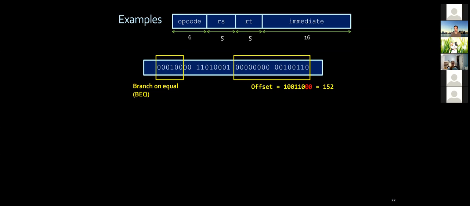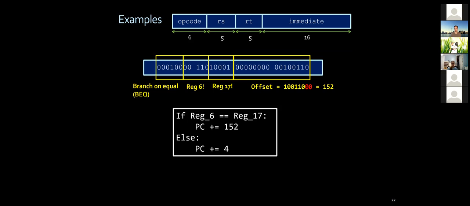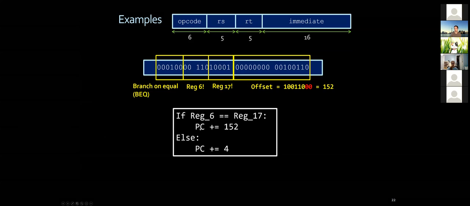So you want to go to the offset 152, and these are the registers you want to compare on whether they're equal or not, register 6 and register 17. So essentially this instruction here corresponds to this thing. If the registers are equal, then I take the branch, right? And I change the PC.